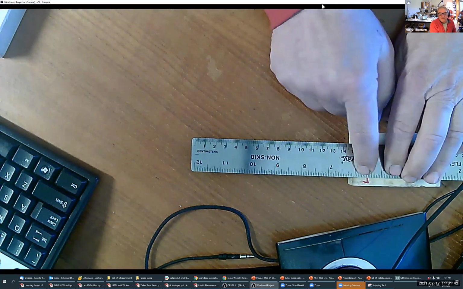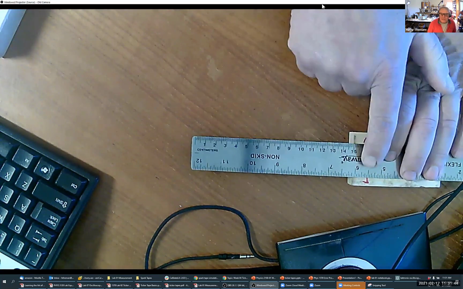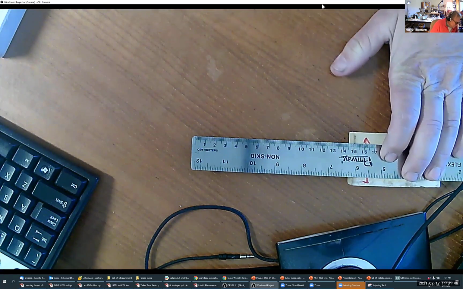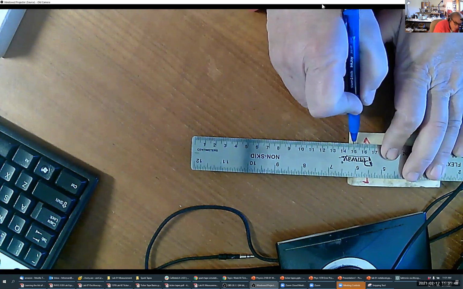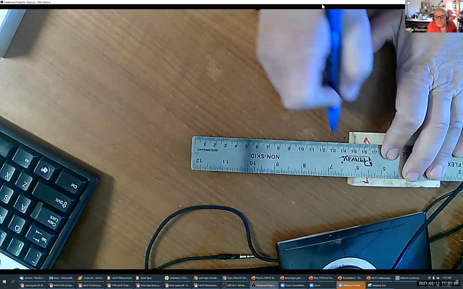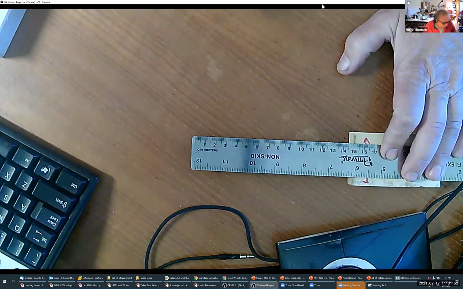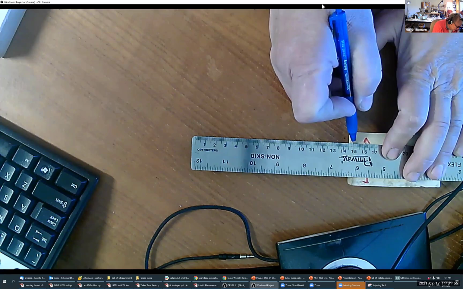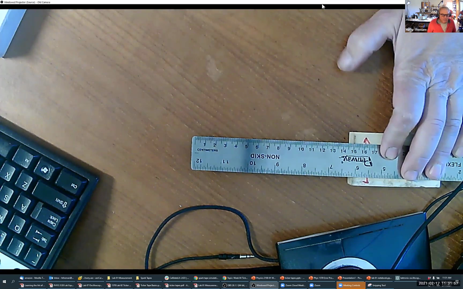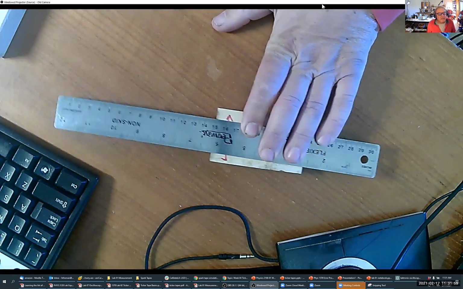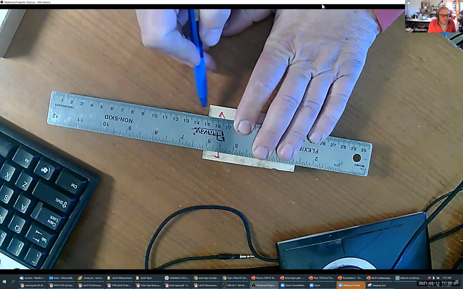Oh yeah, so you can see it now. From your point of view, it looks like it's more like 14.9.